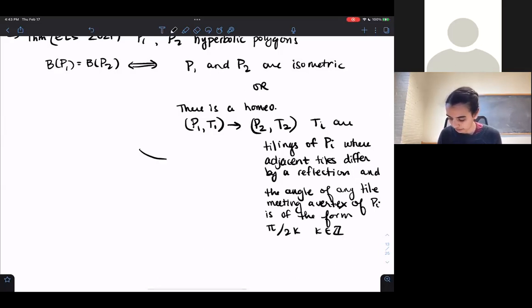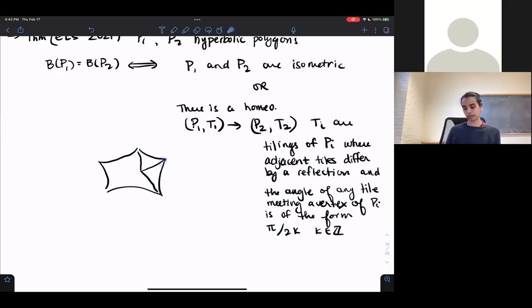So what I mean by this is if this is your polygon, and then here's part of a tiling, these angles need to be of the form pi over 2k, the angles that meet the vertex of Pi. These angles do not have to be of that form, but these ones do.